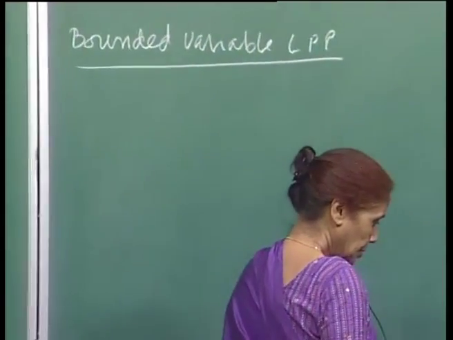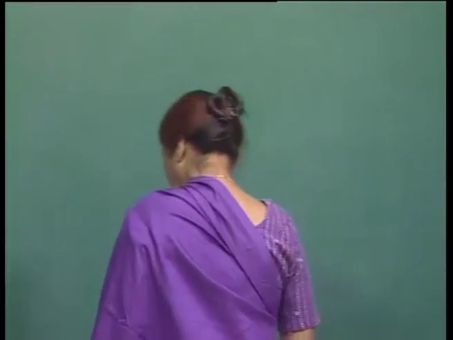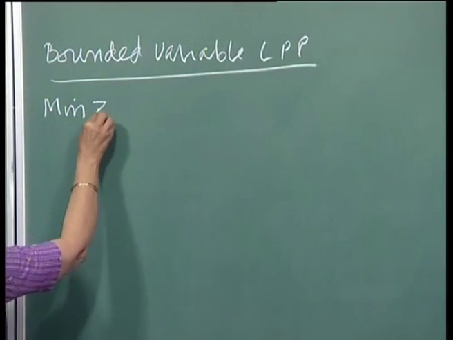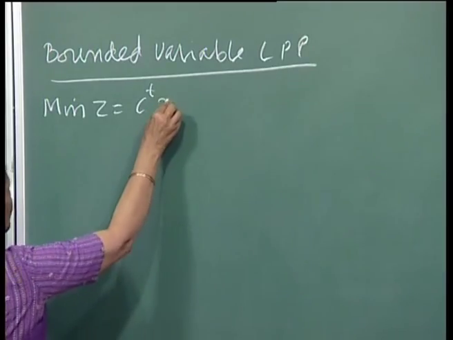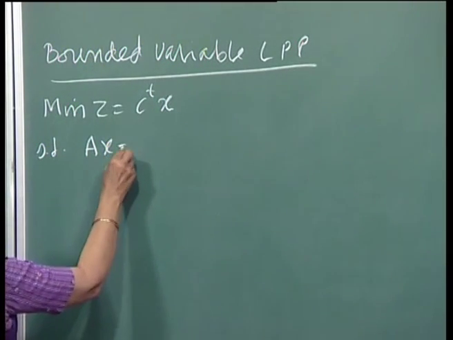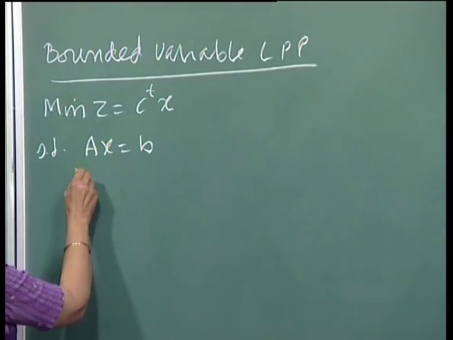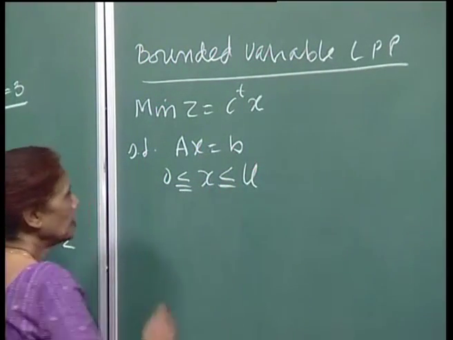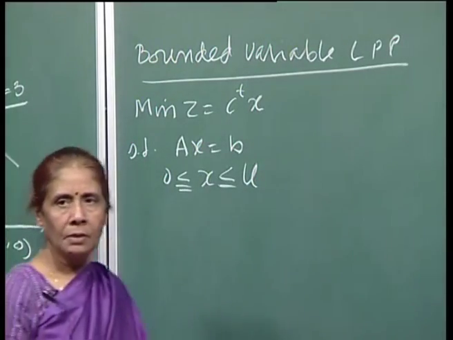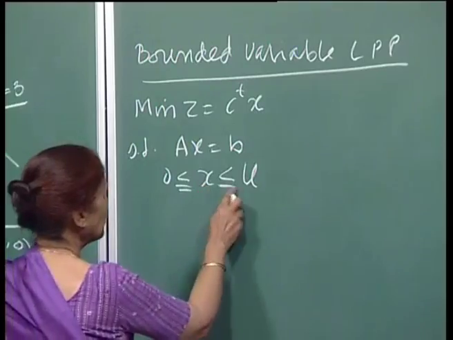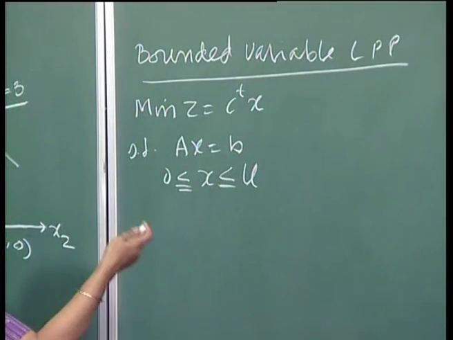Here the problem would be of the kind: minimize z equal to c transpose x subject to Ax equal to b, and x less than or equal to u, where u is a vector of scalars u1, u2, ..., un. In other words, we do not want our value of xj to exceed uj.